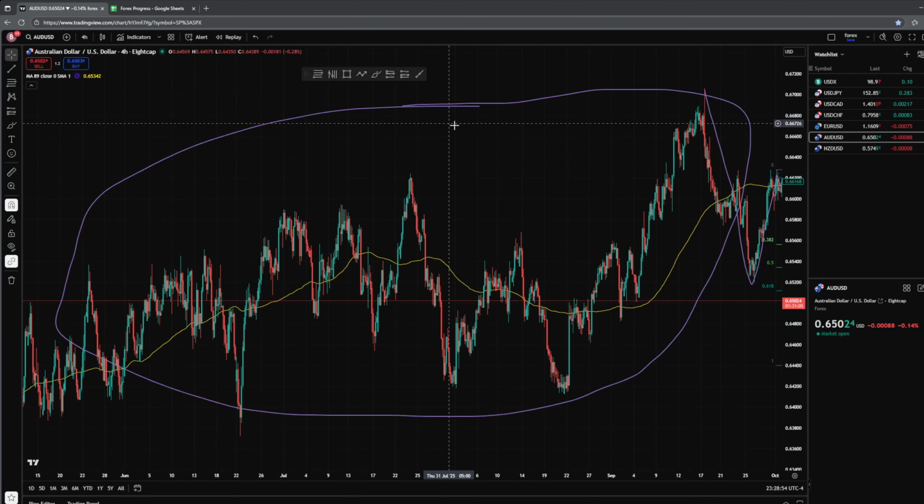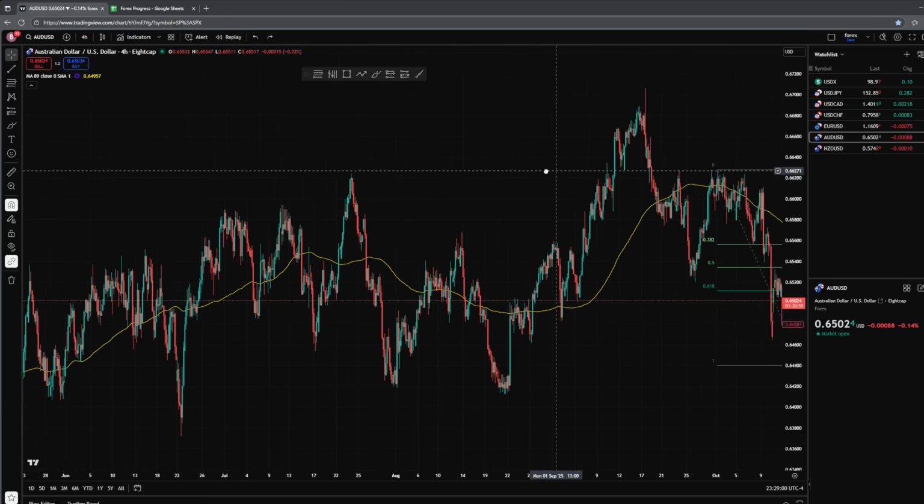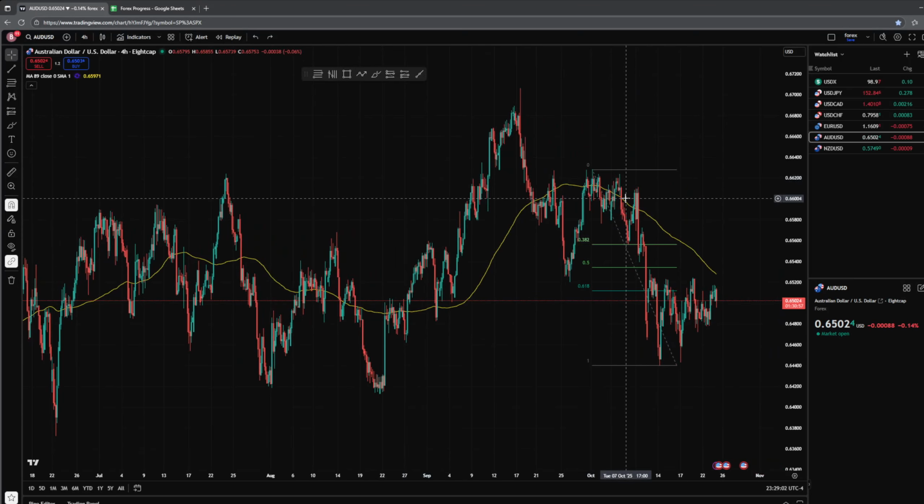But of course, we trade the shorter term trend, which is defined by the yellow moving average line. But if the short term trend even aligns with the longer term trend, it's an even better trading opportunity. So that's why I refused the Aussie and chose New Zealand dollar USD.